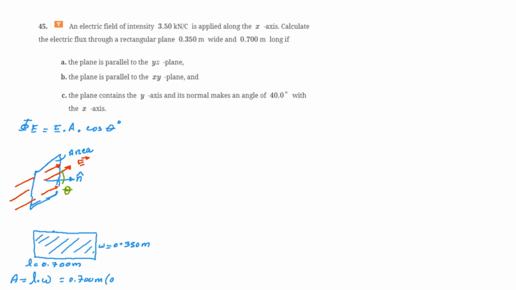So when the plane is parallel to the electric field, or the normal to the plane is perpendicular to the electric field, the electric flux is 0.